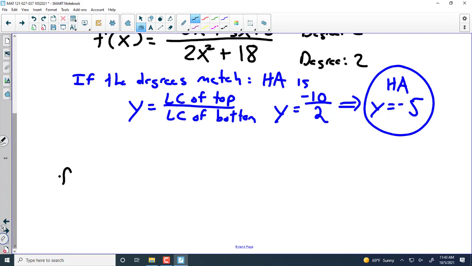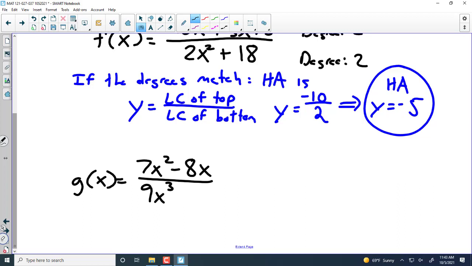So let's say you have this. Do a different function here: (7x squared minus 8x) over (9x cubed plus 2). What's the degree on top? 2. What's the degree on the bottom? 3.